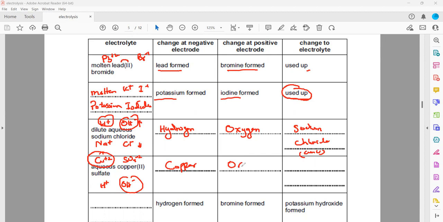When hydroxide is there, this will be oxygen. And what is this electrolyte? H2SO4, which is also known as sulfuric acid. So the electrolyte will turn into H2SO4, sulfuric acid.